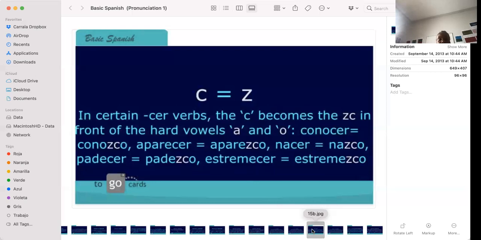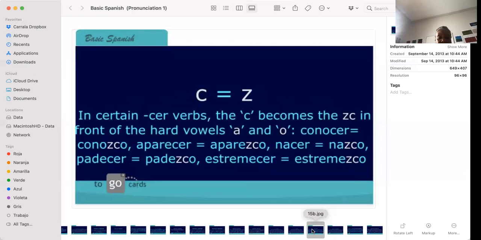Now, here you have the CER verbs, like conocer, aparecer, nacer, padecer, estremecer. Okay, now what happens? When they are in either the command form, usted, ustedes, or the negative command form, tú, these are the CER verbs.